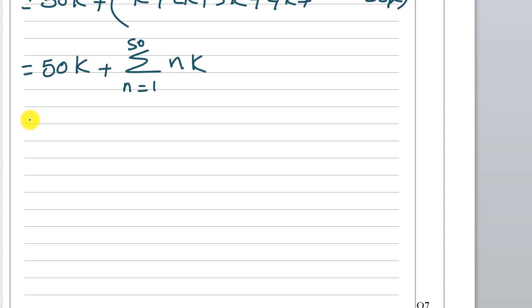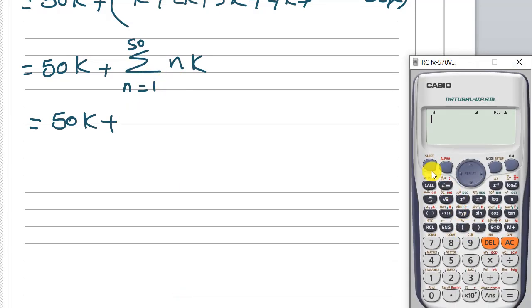So let us find this summation. So it's 50k plus. To find this part, you have your calculator. So shift here. Now you have the summation of x from x equal to 1 to 50.